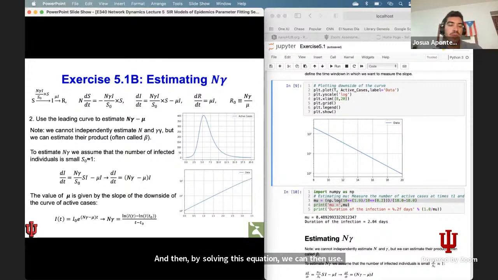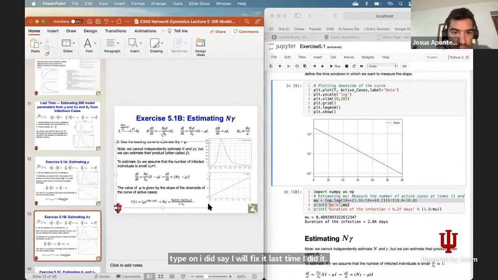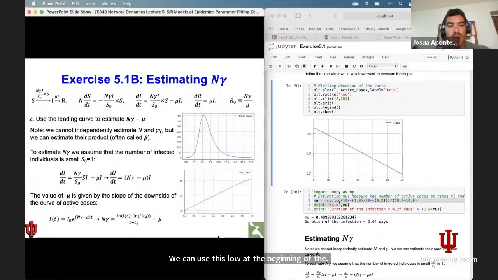Let me fix this because there's a typo, and I did say I would fix it last time and I didn't. We can use the slope on the upside, the leading end, and we can use our estimated value of mu to then estimate what the product n times gamma is.